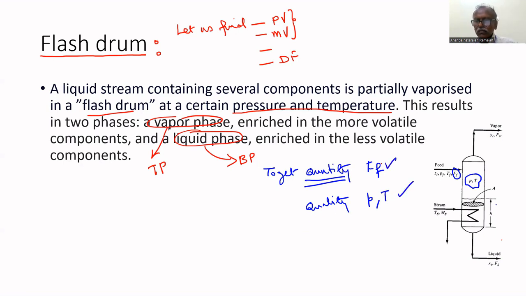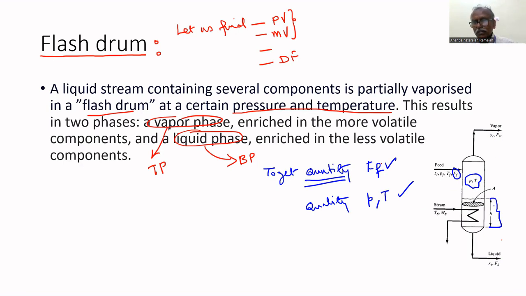Then the level: the bottom product has a level of H. This H should not go beyond a certain level. If it goes above that, the pressure will go to an unsafe value and it may lead to damage of the equipment.